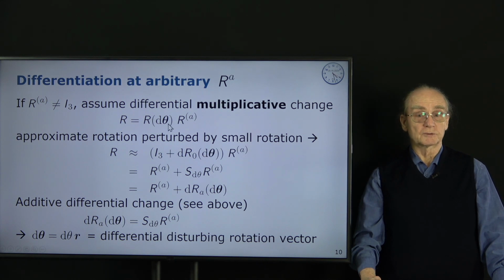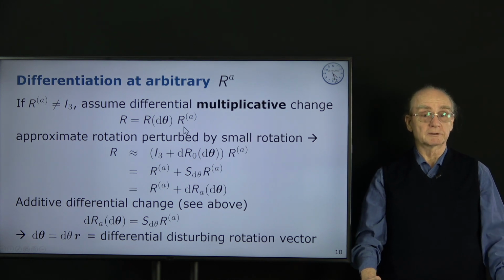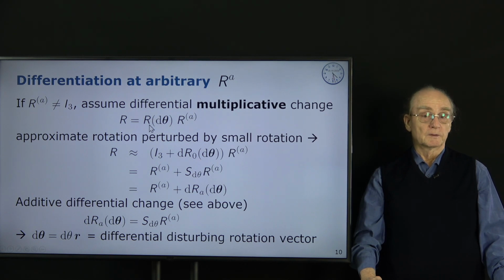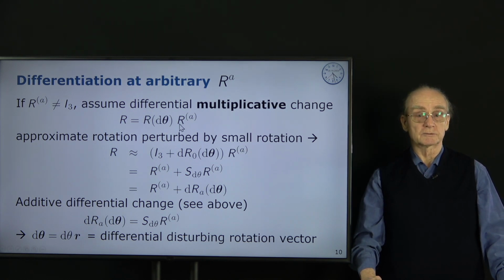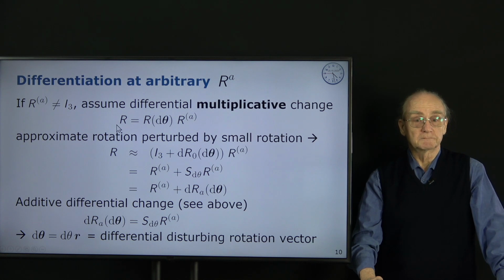But this is of course very interesting, because if we do estimation and we have an approximate value for the rotation matrix, we multiply it with a rotation depending on 3 small values which we estimated, and obtain a new rotation matrix. And because this is a rotation, this is a rotation, also this matrix fulfills all the conditions for a rotation matrix.